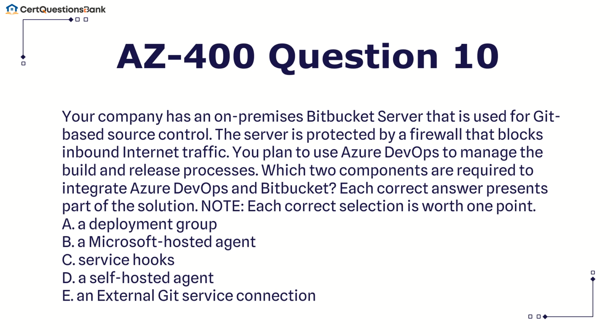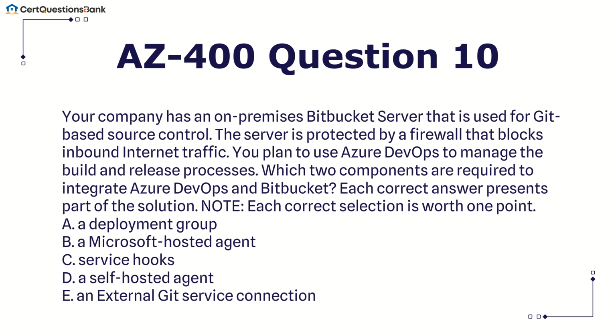Your company has an on-premises Bitbucket server that is used for Git-based source control. The server is protected by a firewall that blocks inbound internet traffic. You plan to use Azure DevOps to manage the build and release processes. Which two components are required to integrate Azure DevOps and Bitbucket?